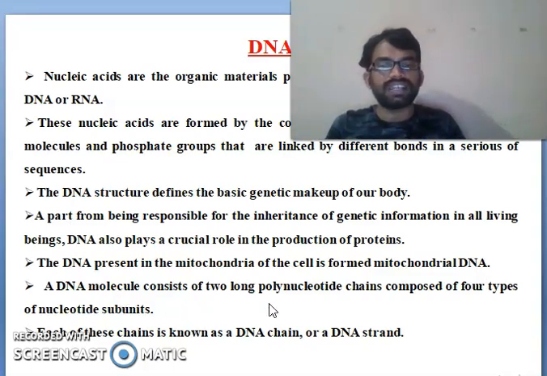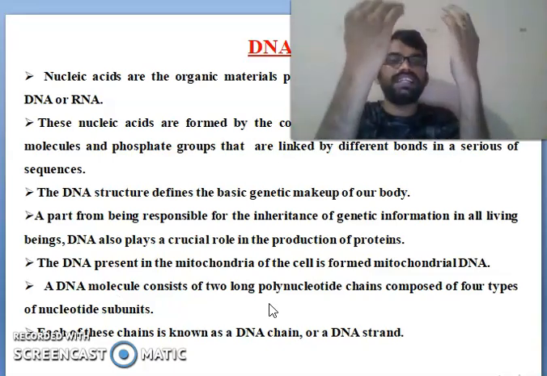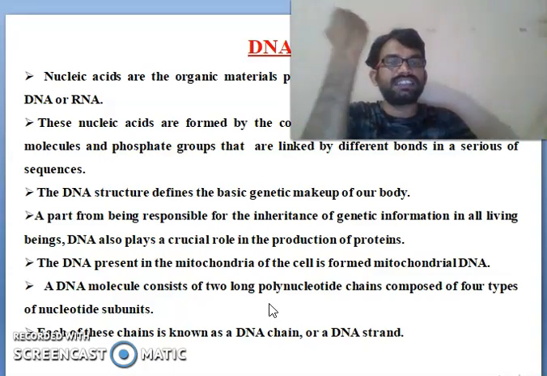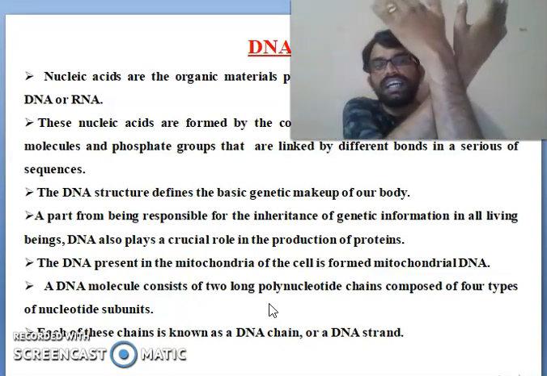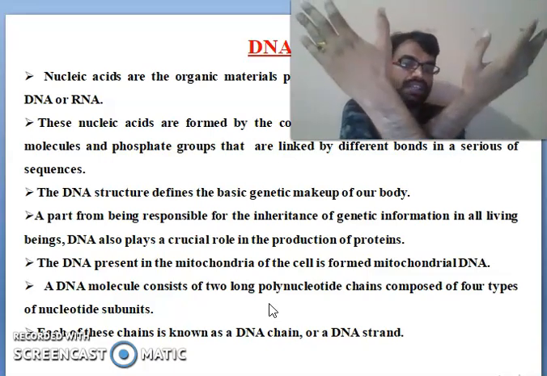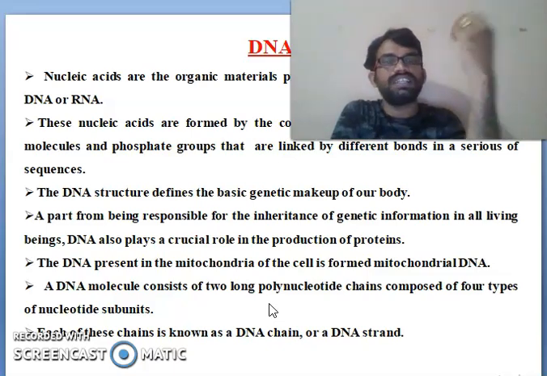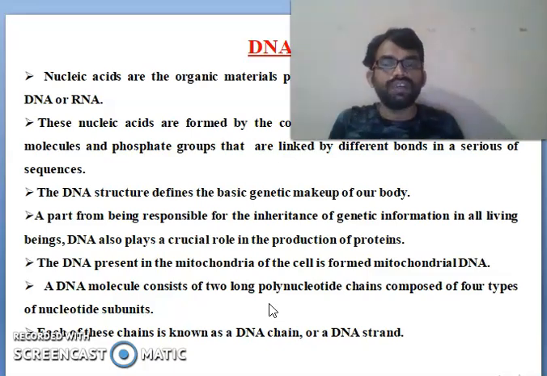The DNA molecule consists of two long polynucleotide chains composed of four types of subunits. See how DNA is formed: suppose this is one layer and this is another layer. It forms like that, one strand and another strand, two chains. Each chain consists of four types of nucleotide subunits.